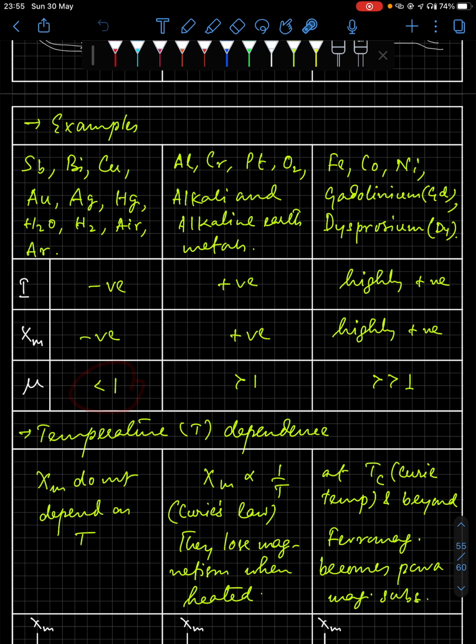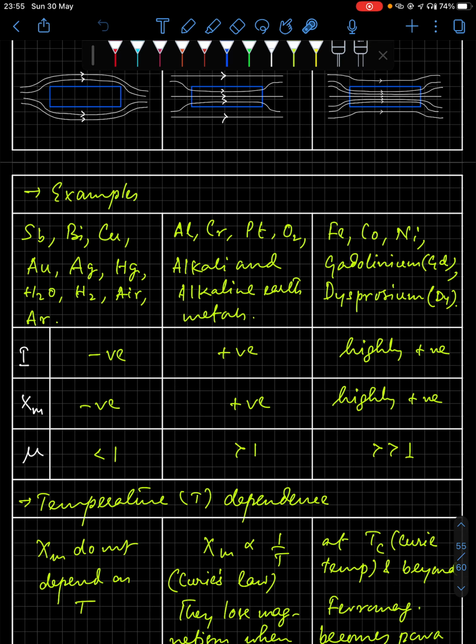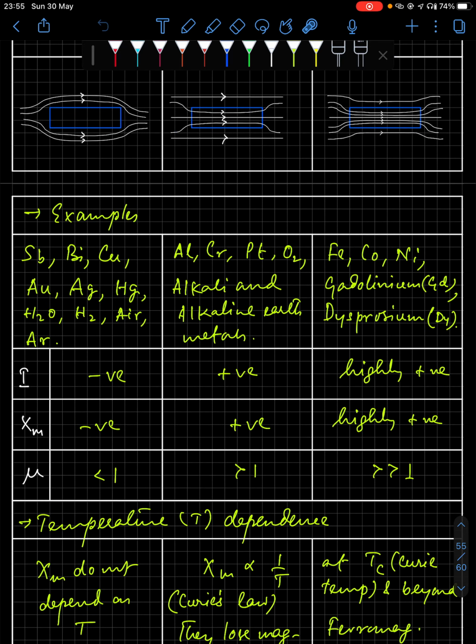Less than 1 indicates that the diamagnetic material, if you see the diagram, doesn't allow magnetic field lines to pass through it.